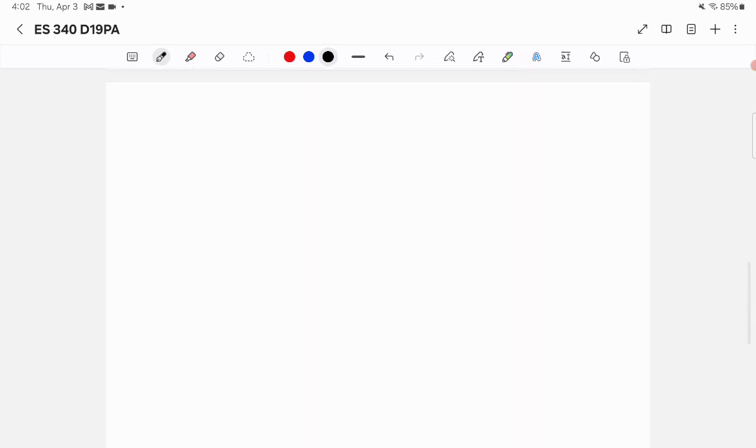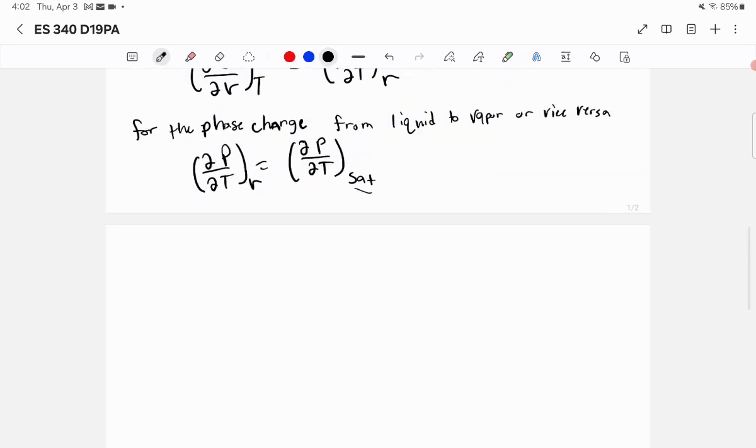Starting from a phase change obviously simplifies things greatly. We'll see in a moment when you don't have a phase change, but this simplifies our process here.